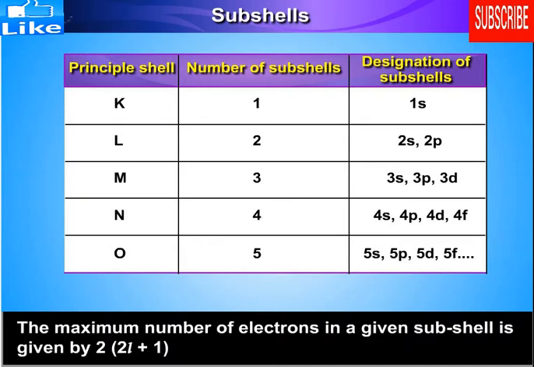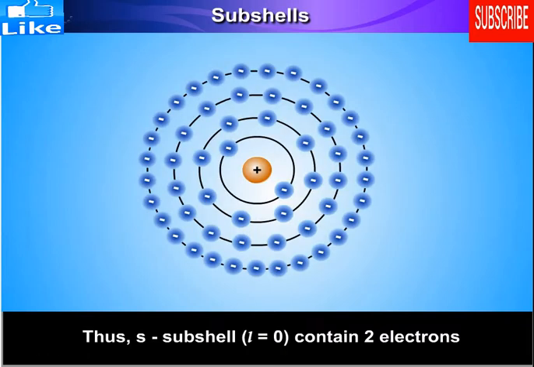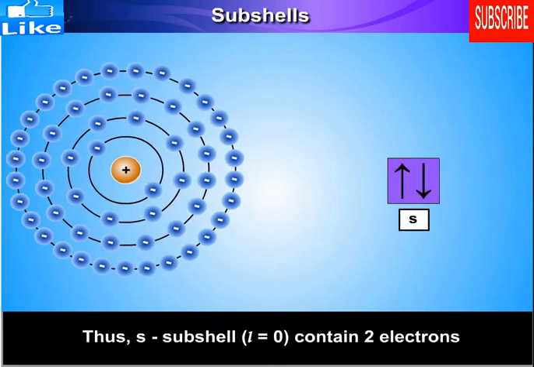The maximum number of electrons in a given subshell is given by 2 into (2l plus 1). Thus, s subshell, l equals 0, contains 2 electrons.